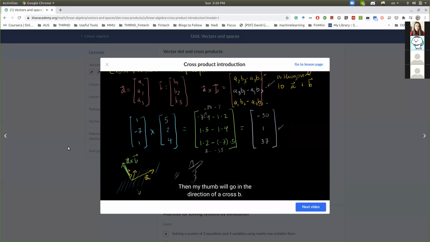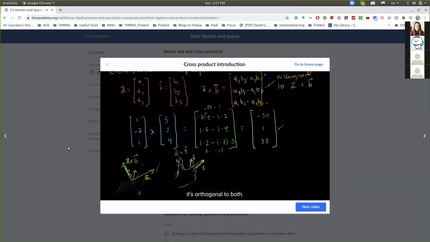Then my thumb will go in the direction of A cross B. You can see that there. Assuming you are anatomically similar to me, you'll get the same result. So this is vector A, vector B goes in that direction, and then hopefully you don't have a thumb hanging down here. A cross B in this example will point up, and it's orthogonal to both.